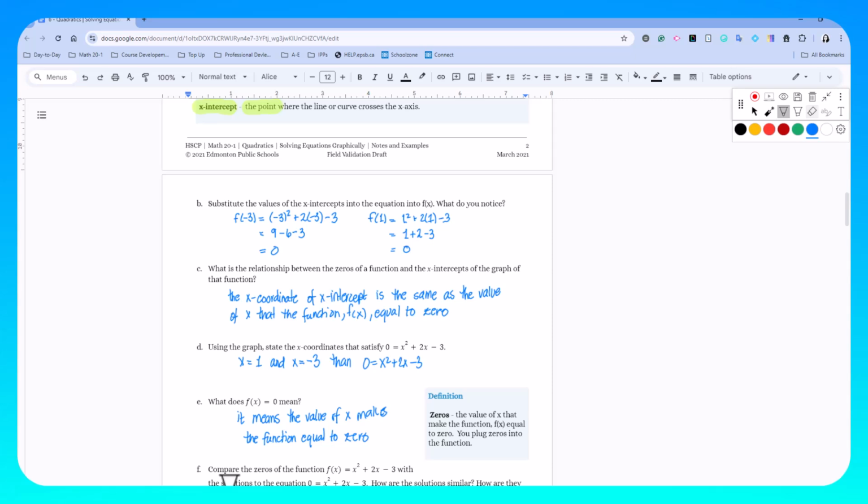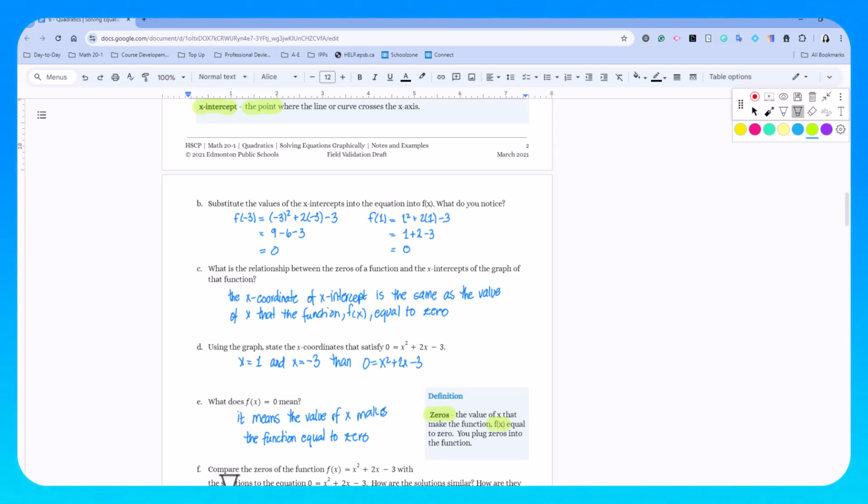So, a new definition, and that's zeros. Zeros are the values of x that make the function f of x equal to 0. In other words, you plug those x values into the function, and it gives you 0.